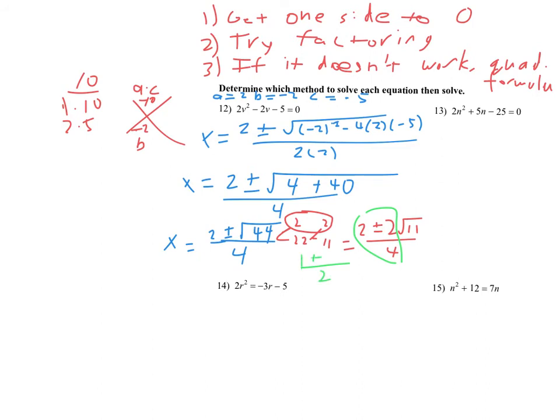So that'll be 1 plus or minus radical 11 all over 2. We don't need to write 1 rad 11. You can put that 1 there if you want, but we do need this 1 out front here because it's adding. So 1 plus or minus radical 11 all over 2.